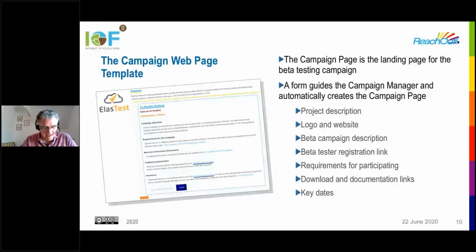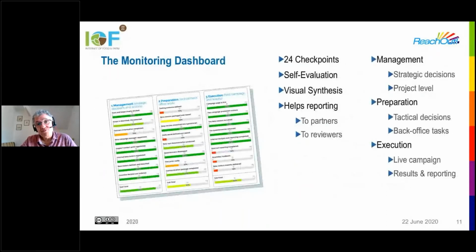It's a self-evaluation tool that we provide to projects to make sure that they deal with all the management tasks, all the preparation tasks, and all the execution tasks. This dashboard can also be monitored with you by the ReachOut team, because the ReachOut team is here to help you from beginning to end, so we can also do that for you.